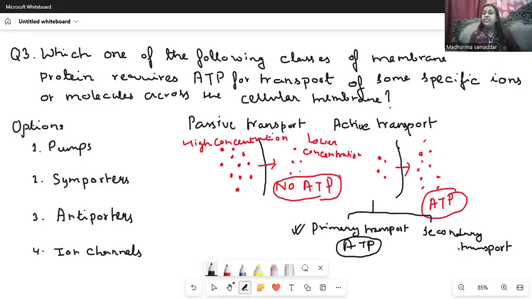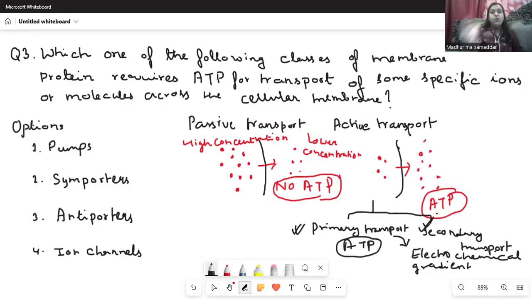But if it is secondary active transport, in that case, they are going to use the electrochemical gradient, that is actually created by the primary active transport. So they are not using the ATP directly if it is secondary transport.